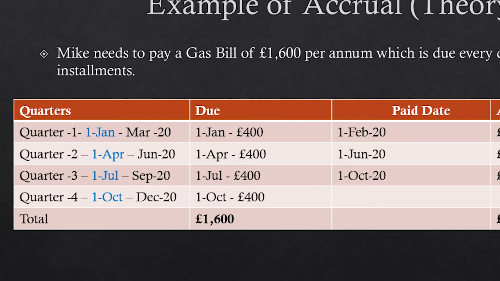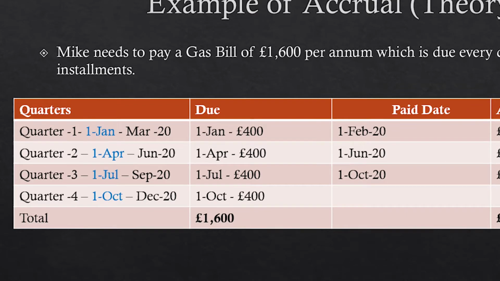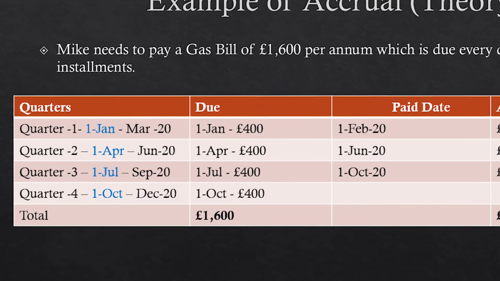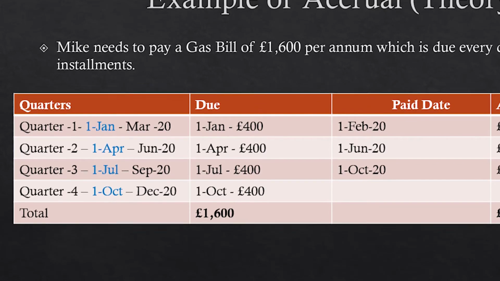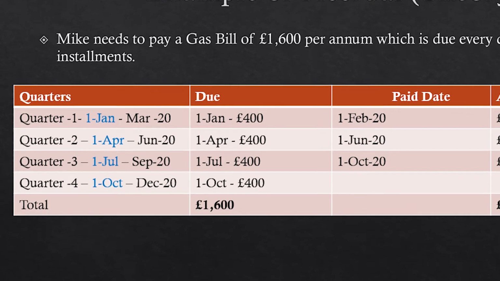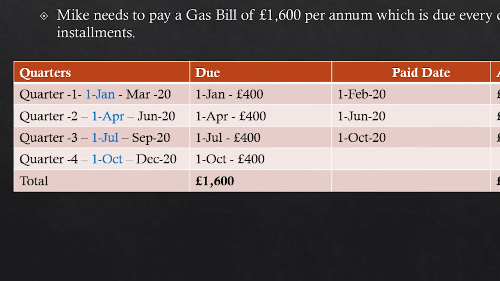The first quarter is 1st of January to March, then April to June, July to September, and October to December. What is due on the 1st of January is 400, 1st of April 400, 1st of July 400, 1st of October 400. So altogether, what's due for the year is 1,600, as we mentioned earlier.